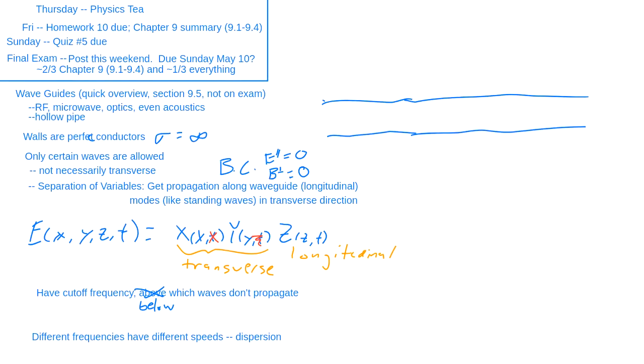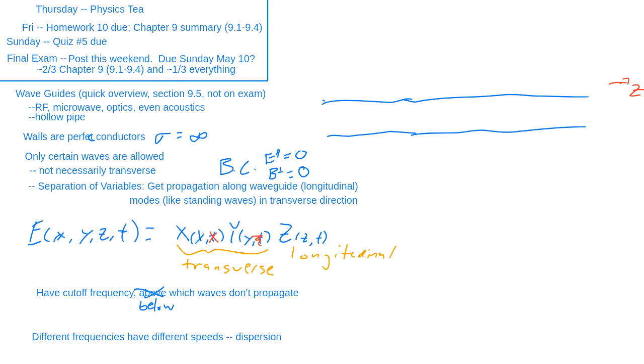We'll call this direction here Z. So with different frequencies, you'll have different allowed longitudinal modes.